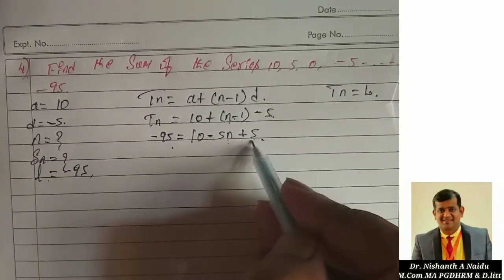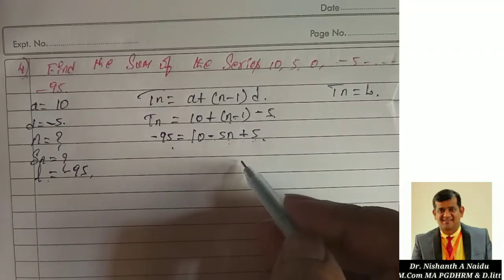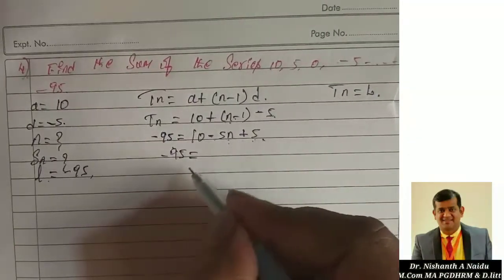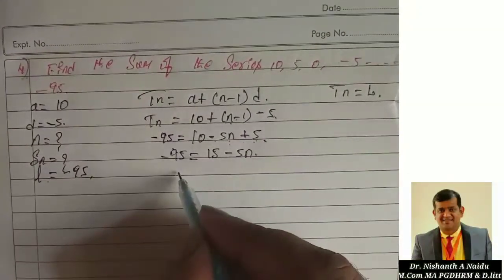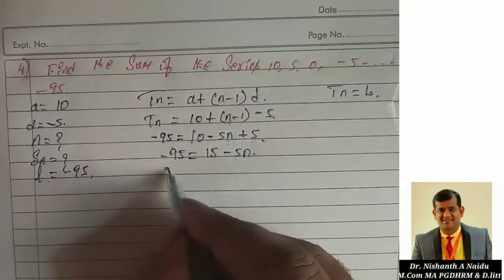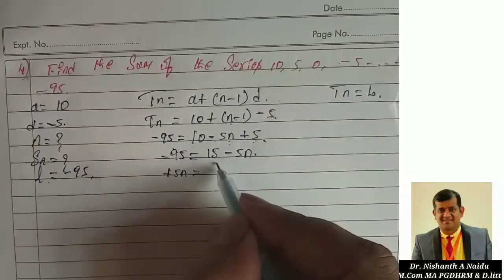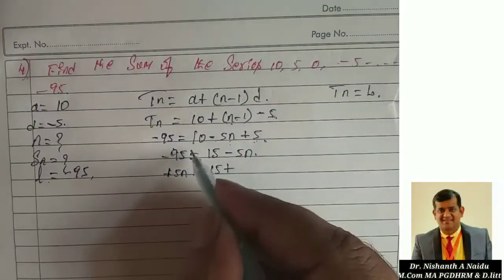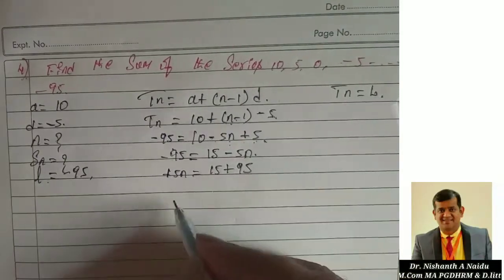Okay. So now we got this. In the next step, minus 95 equals 15 minus 5n. Now this minus 5n I am shifting to this side, so it will become plus 5n. The minus 95 will be shifted to the RHS, so 15 plus, since minus becomes plus, 95.